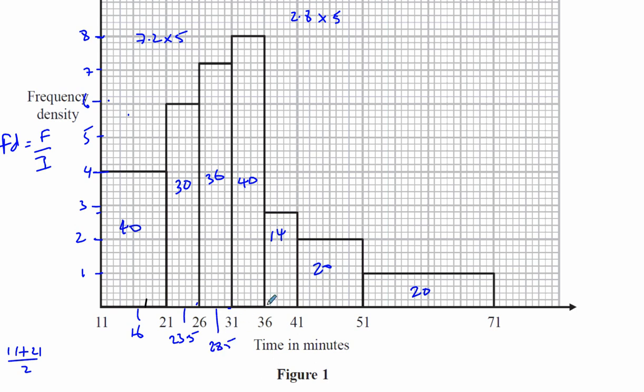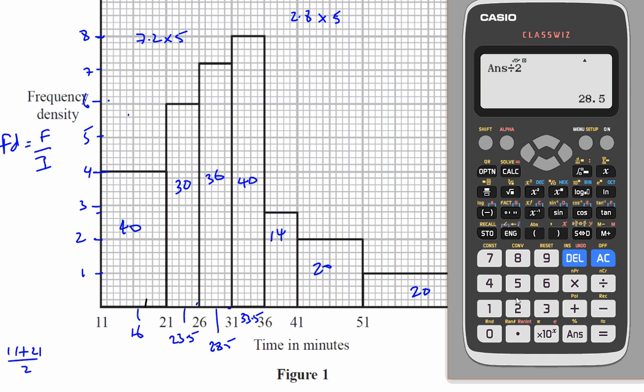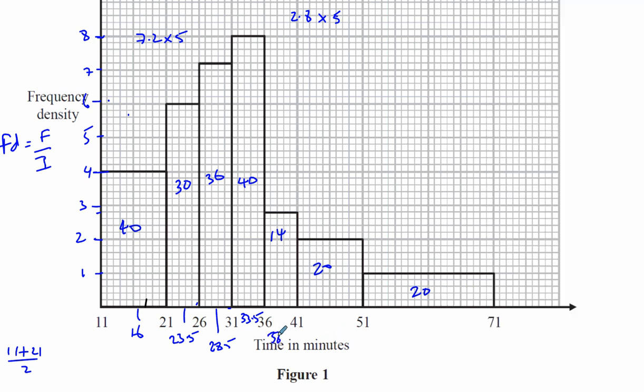Then you've got 31 plus 36, that's 67, so that's going to be 33.5. Then you've got 36 to 41, that's 77, divided by 2 is 38.5, of course.